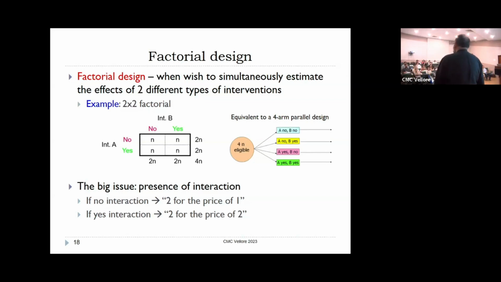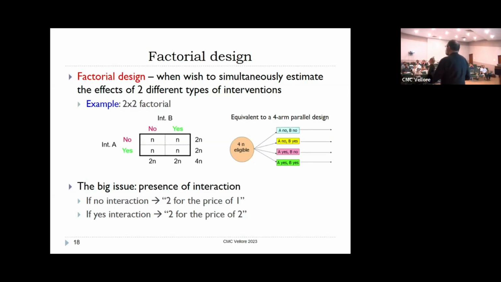On the other hand, some people say, but I'm actually interested if there is interaction. Why? Because it could be, let's say this is some drug, some medication, and this is some educational campaign. Is the effect of the drug better when you're educated? Or is it not as good if you're not educated?